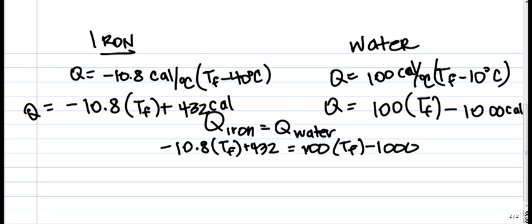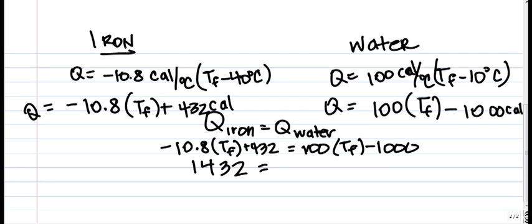Now I'm going to go ahead and combine like terms. So I'm going to go ahead and add my 10.8 T final to both sides, and I'm going to add my 1,000 to both sides. So hopefully you're okay with me doing this in one step.